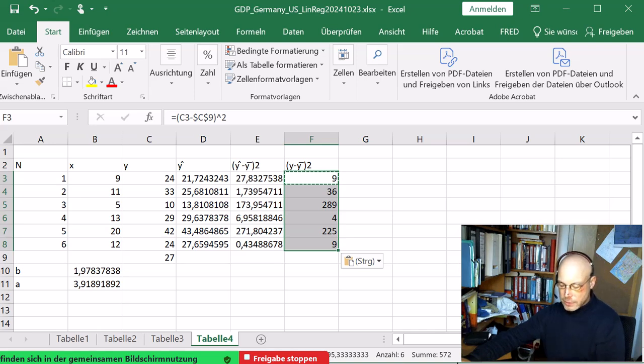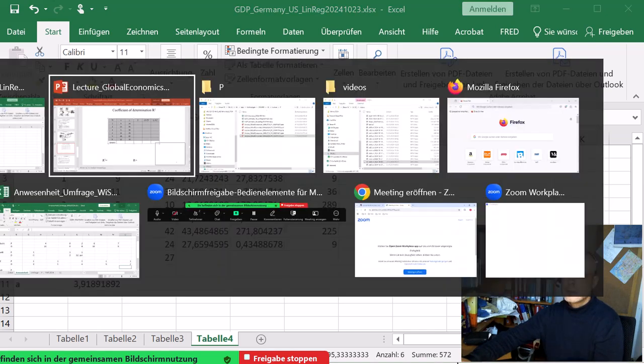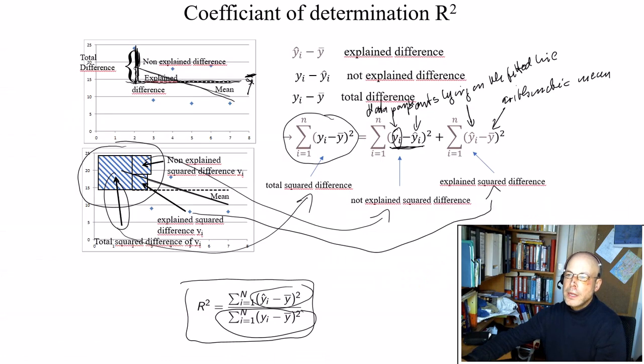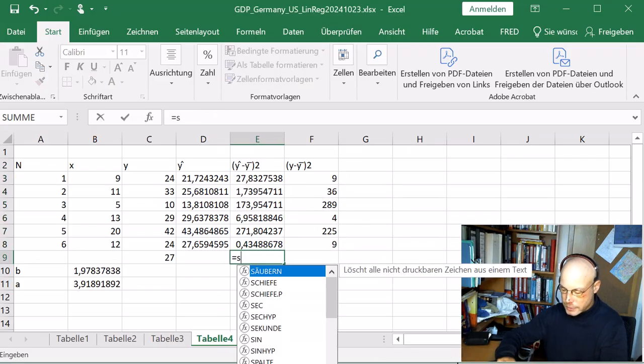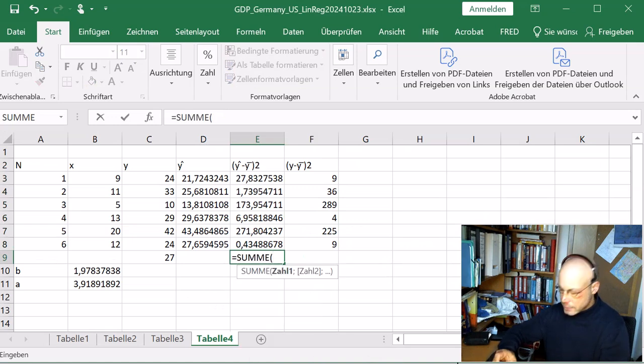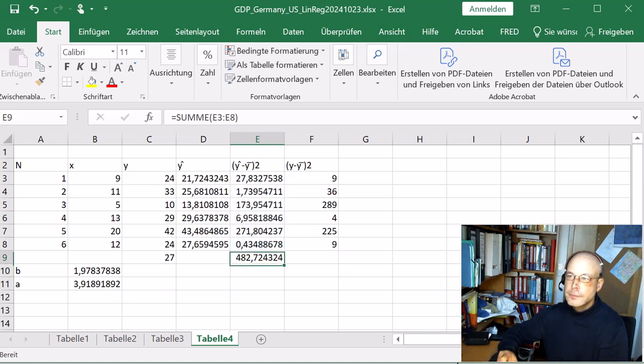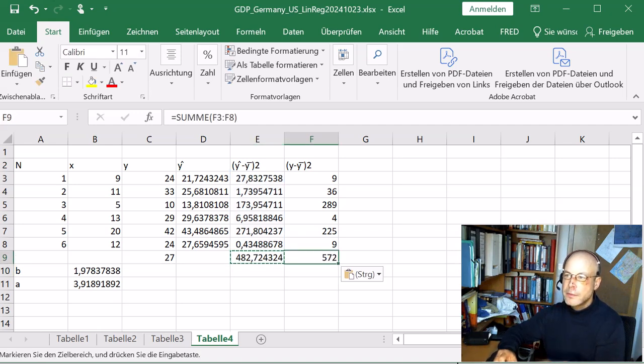So, what else do we need? We need the sums of our squared distances. Going back here, sum of this and sum of this. And this is our explained, this is our unexplained data.